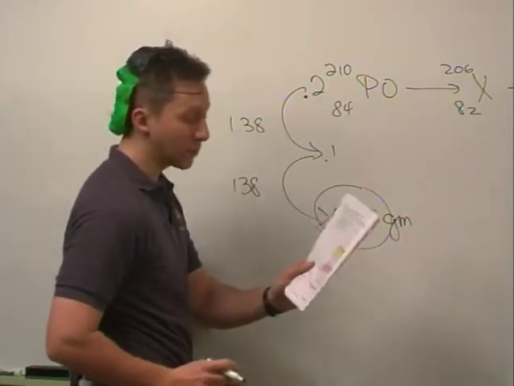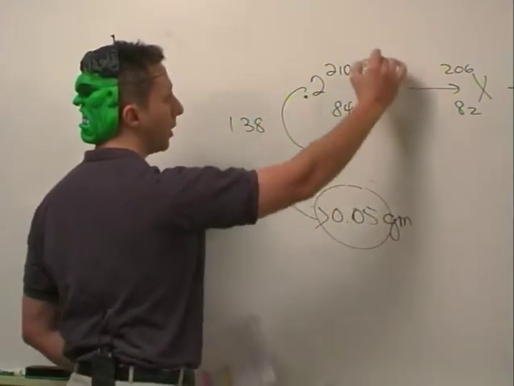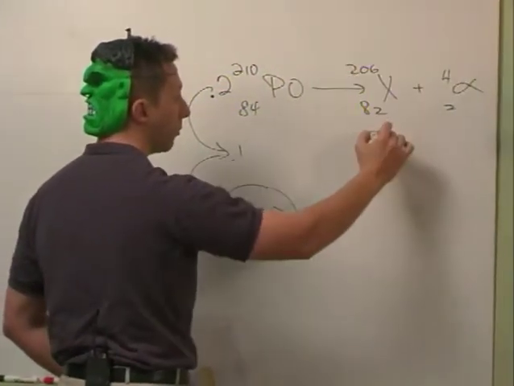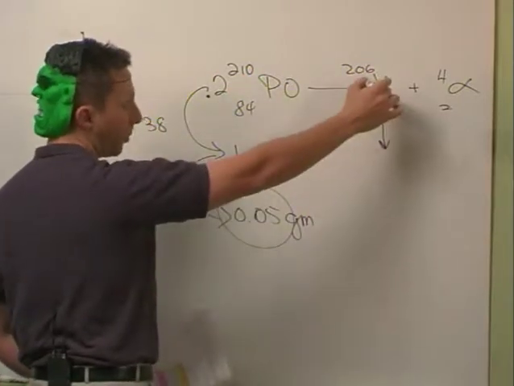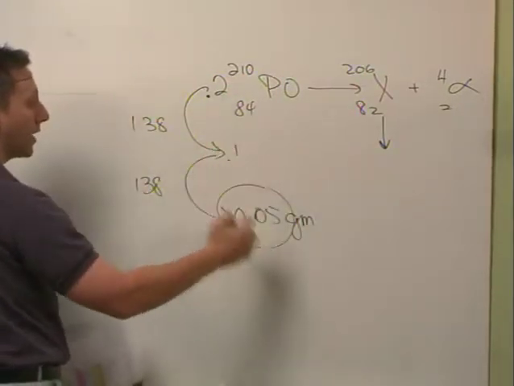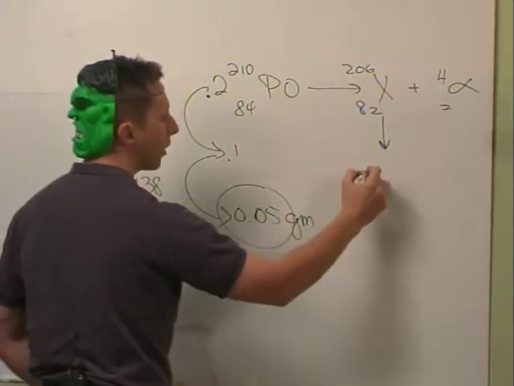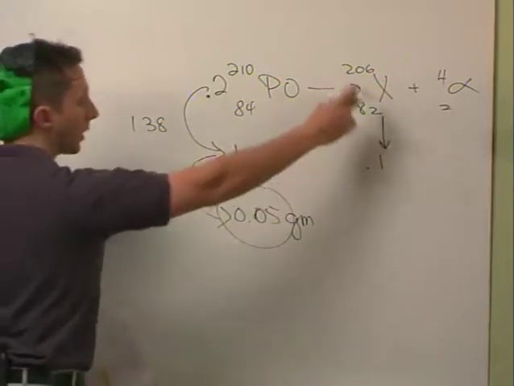But the twist to this particular question is we also have something else. In other words, as polonium decays, X, our unknown, builds up. Presumably, we'd have 0 of X initially. After 1 half-life, we have 0.1 grams of this.